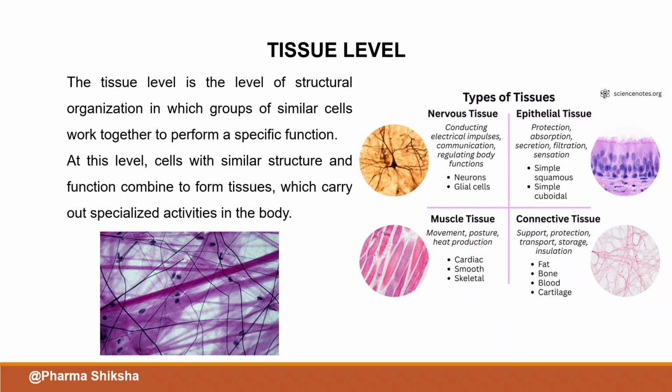Muscle tissues are of three types: cardiac, smooth, and skeletal. The nervous tissue helps in the conduction of electrical signals. There are neurons, and glial cells are the supporting cells, while neurons help to transmit the signals.